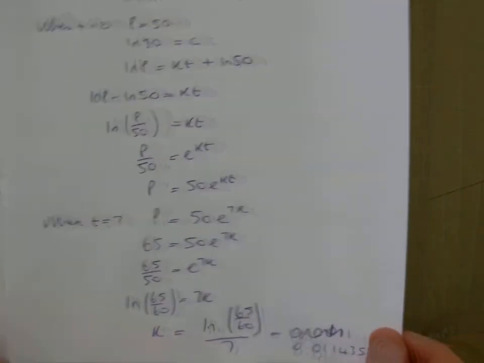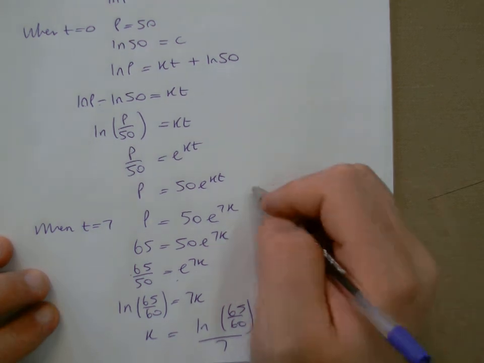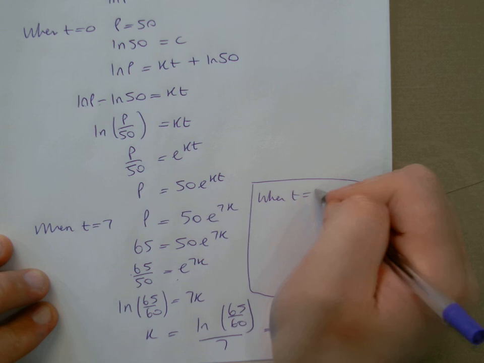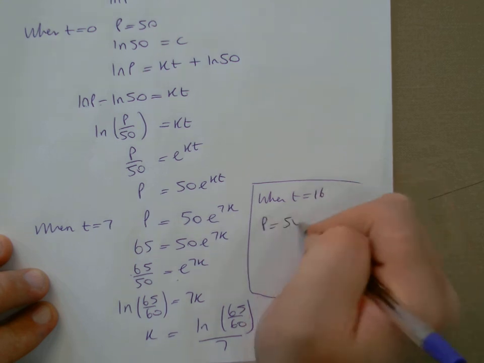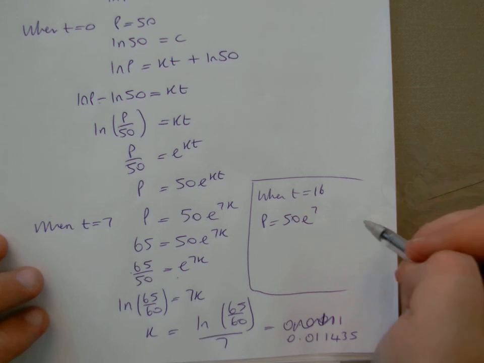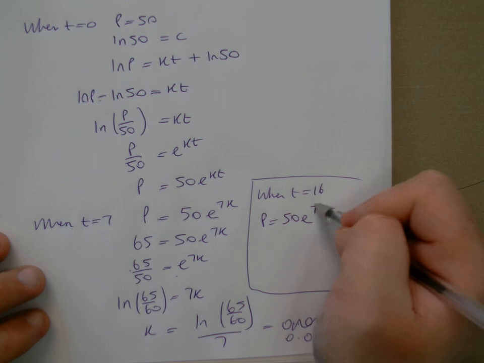So then the price after 16 years. If we take this formula, when t is 16, the price will be 50 e to the 7, not 7, 16, sorry.